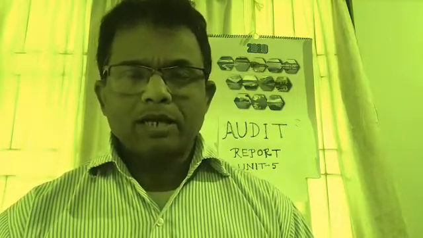In qualified audit reports, the points of dissatisfaction do not make the accounts unreliable. But in a negative or adverse report, the points of dissatisfaction make the accounts unreliable. Accounts do not give true and fair view. So the matters adversely affect the truth and fairness of the accounts.